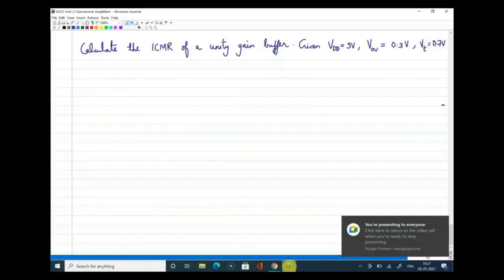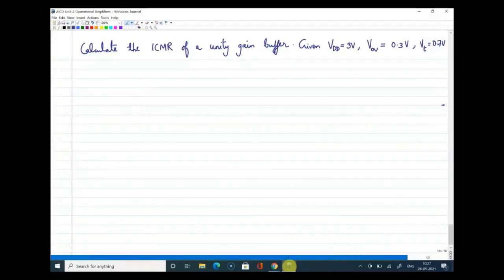So the question is to calculate ICMR of a unity gain buffer with these things given.